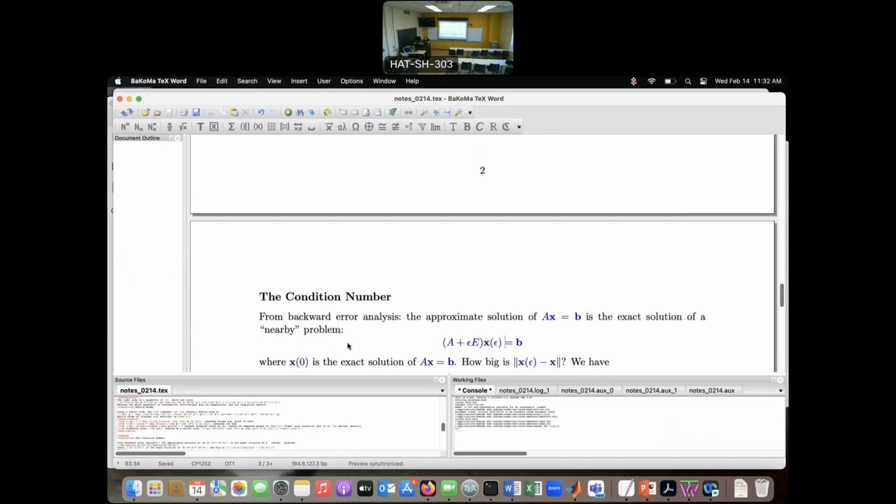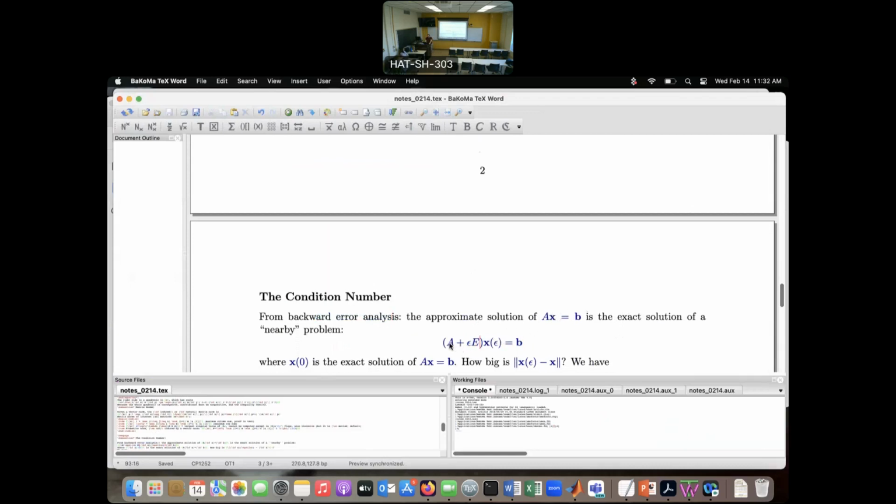Now, back when I covered error analysis in general, having adopted this notion of backward error analysis, that led to what's called a condition number. This perturbation, this epsilon E that we're adding on, amounts to the backward error. The forward error is the error in x.